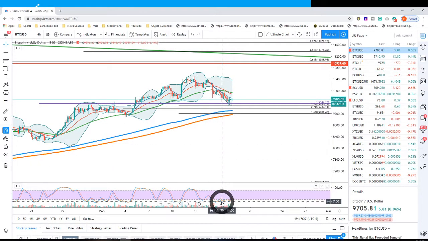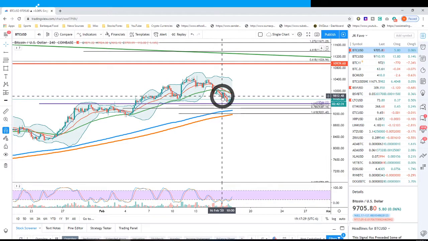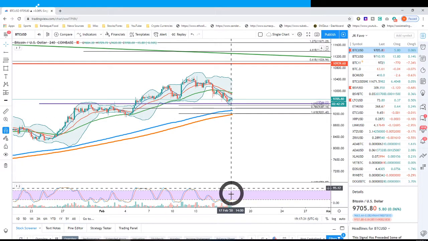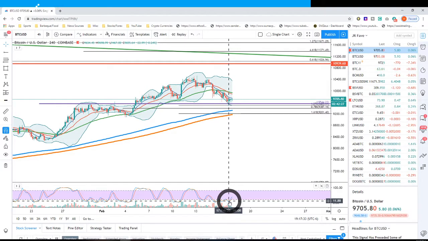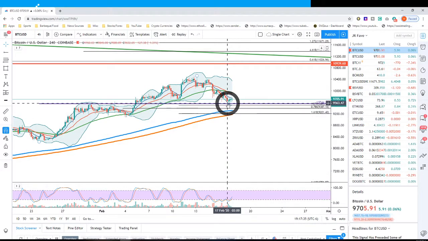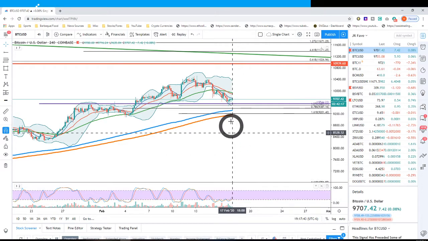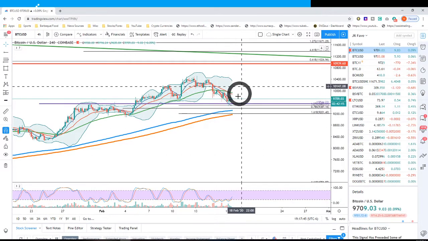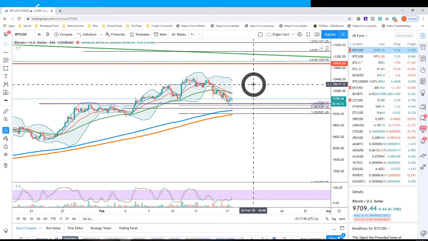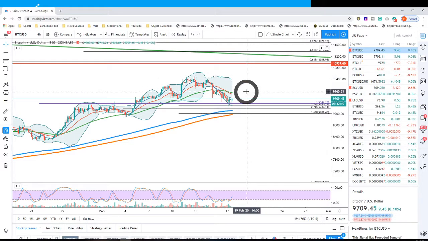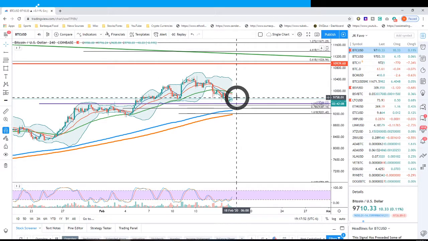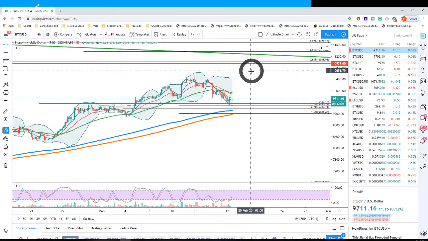See where the indicator bottomed right there, and you got price right here. The indicator bottomed right here, but we've got lower price. That's a bullish divergence. When you get lower price and a higher indicator, that's a bullish divergence. Potentially means a move higher is coming.